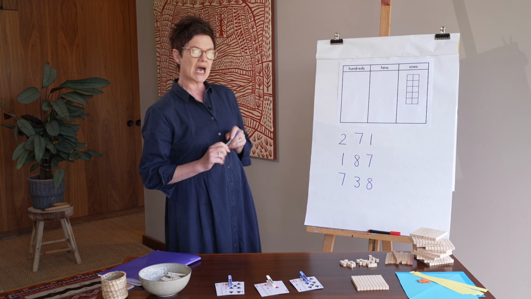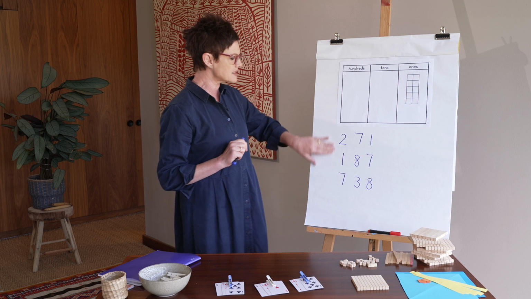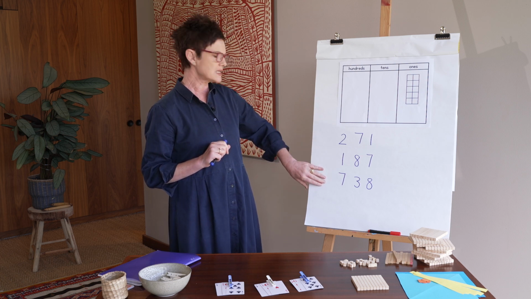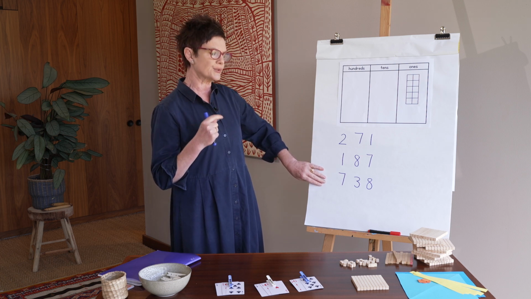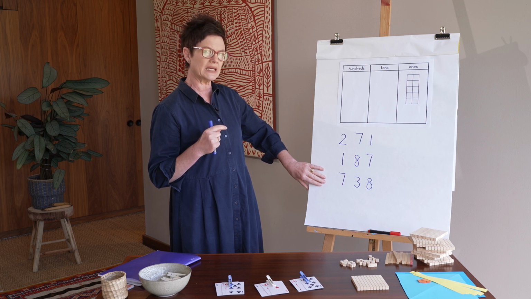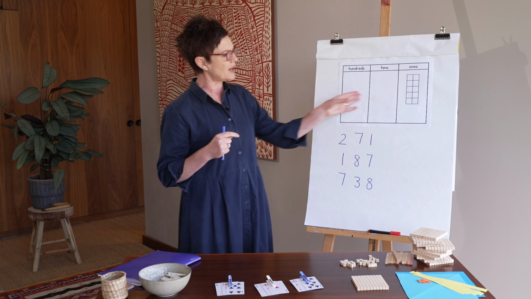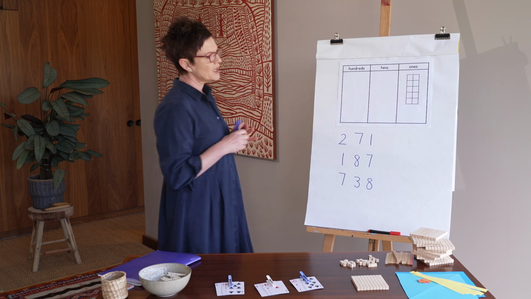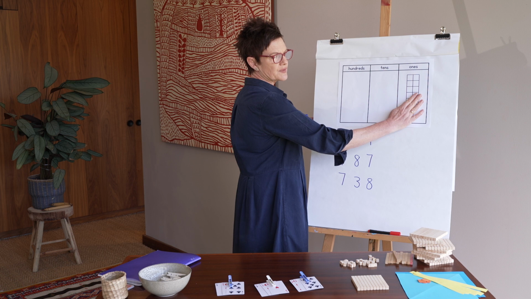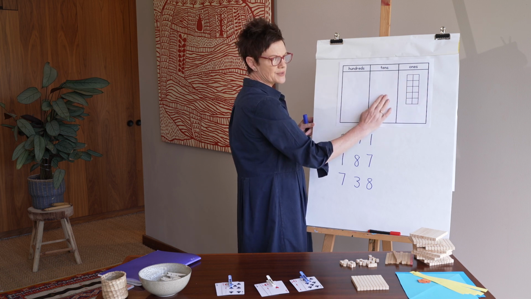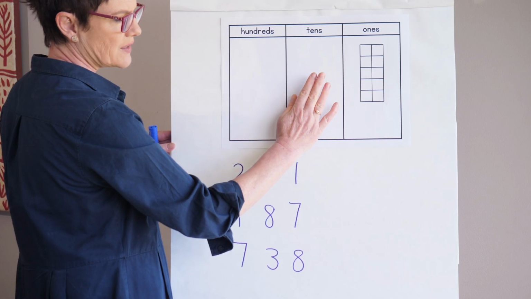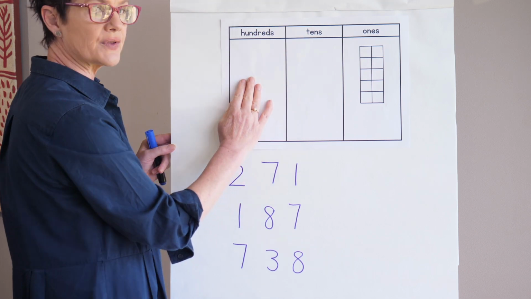Let's have a think about how we might do that and what these numbers look like. What do these numbers look like to you? We've done a lot of making. Now we're going to think about what values they have in our place value. Our ones, 10 of these makes 1 of those. Remember? And 10 of these makes 1 of those.